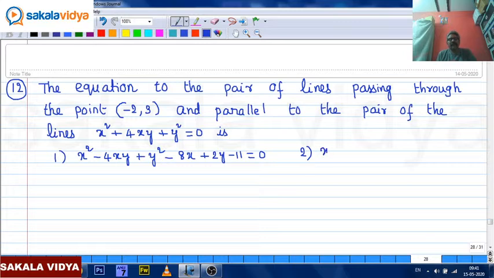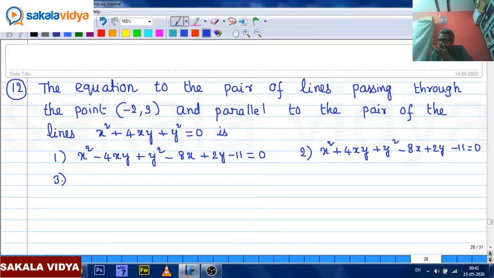Second option: x square plus 4xy plus y square minus 8x plus 2y minus 11 is equal to 0.